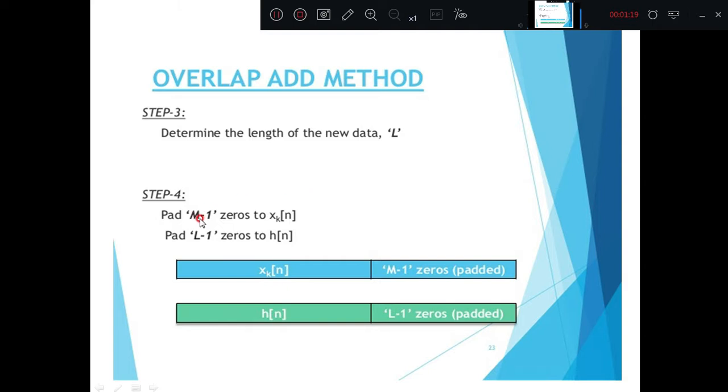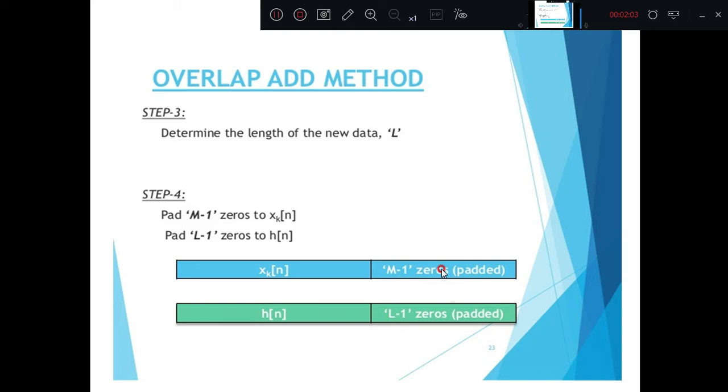Next, you have to add M minus 1 zeros to the blocks x1 of n, x2 of n, x3 of n, and so on. And you have to add L minus 1 zeros to h of n. So here you can observe, you have to add M minus 1 zeros at the end. In the overlap save method, we appended the M minus 1 zeros at the beginning, and for the second block, the last M minus 1 samples of the previous block were appended at the beginning of the second block.